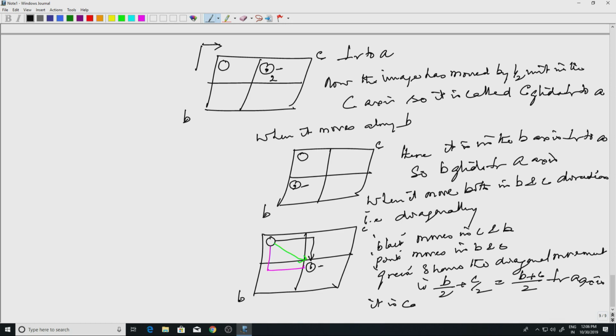It is called diagonal glide, that is N perpendicular to A.